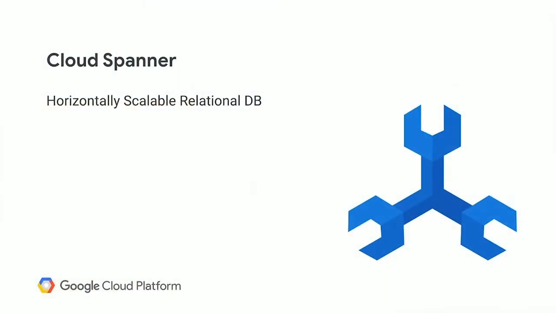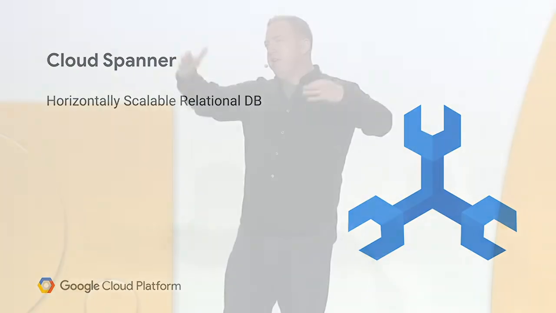So that's Cloud SQL. And then we have finally Cloud Spanner, which is a horizontally scalable relational database, which combines some of the best features of NoSQL, which is the fact that you can shard it and separate it across a whole bunch of different instances and have that drive better performance and better scale.